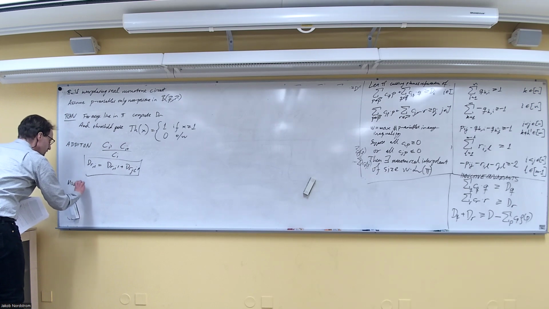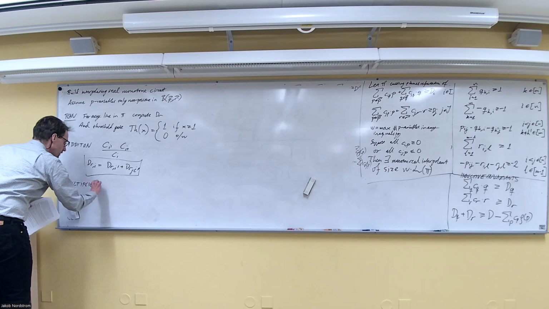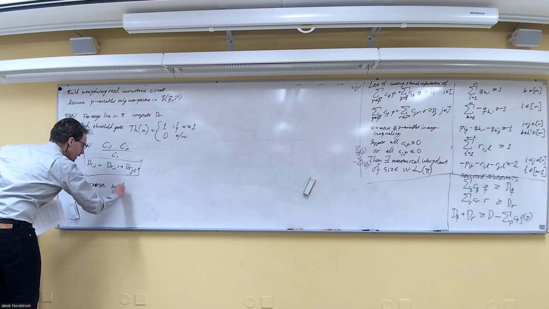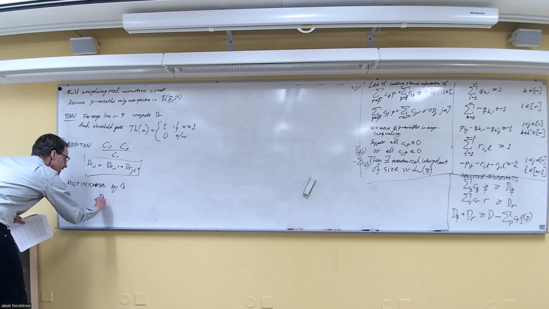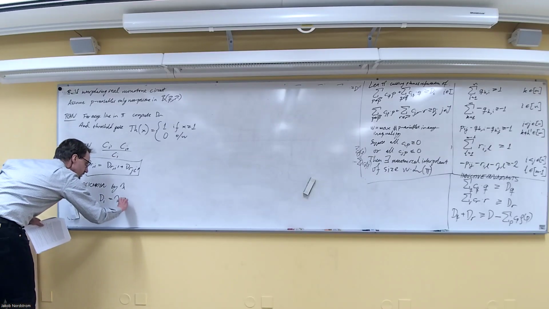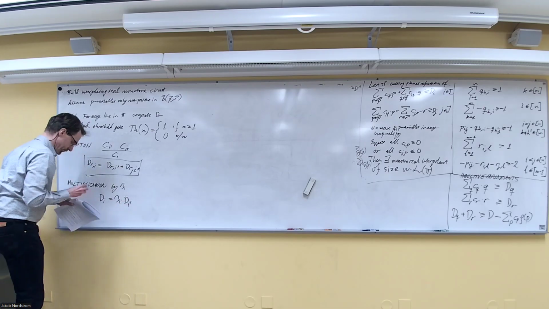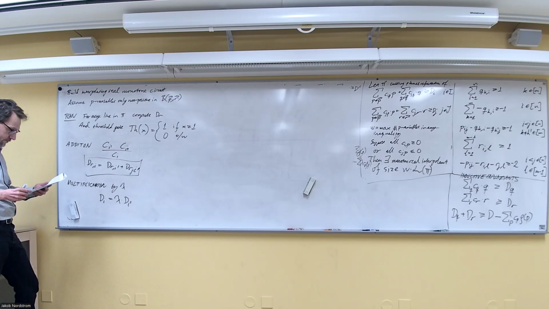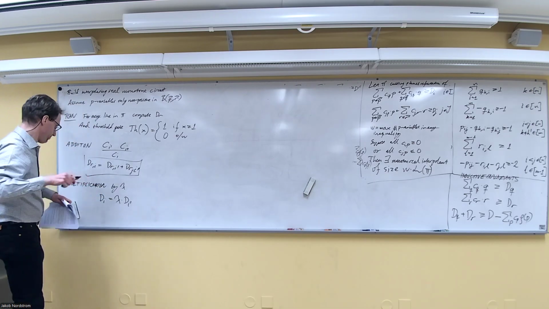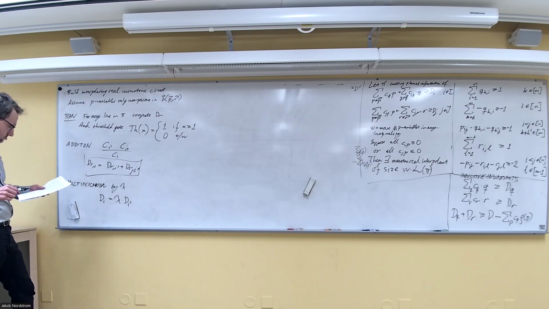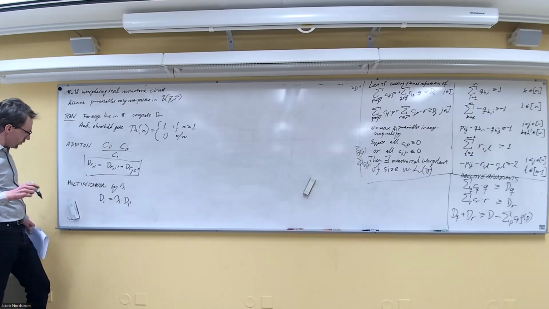Multiplication by lambda, well then I know that di is just going to be lambda times di prime. And now I think I need to argue, here's a corner case here.